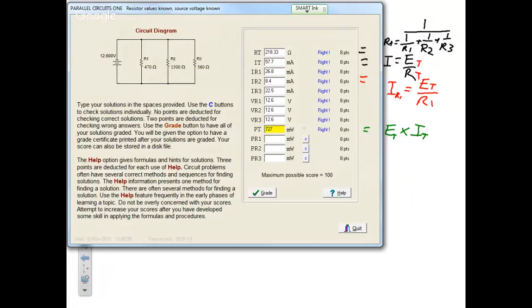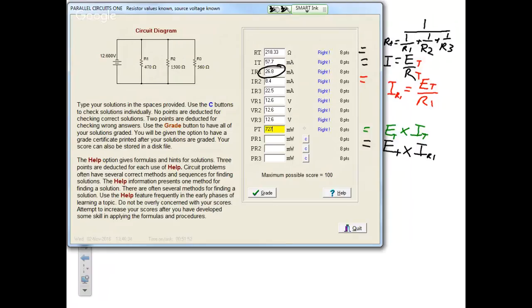Now we're going to repeat those steps for PR1, PR2, PR3. Here we're simply going to substitute our individual currents. So we have our voltage total, ET, times the individual current across R1, which we see up here is 26.8 milliamps.